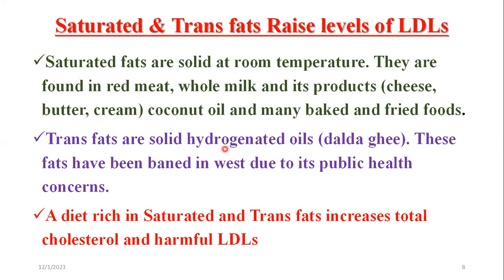Trans fats are solid hydrogenated oils. The example is dalda ghee. These fats have been banned in the West due to public health concerns. A diet rich in saturated and trans fats increases total cholesterol and the harmful LDLs in our blood and body.